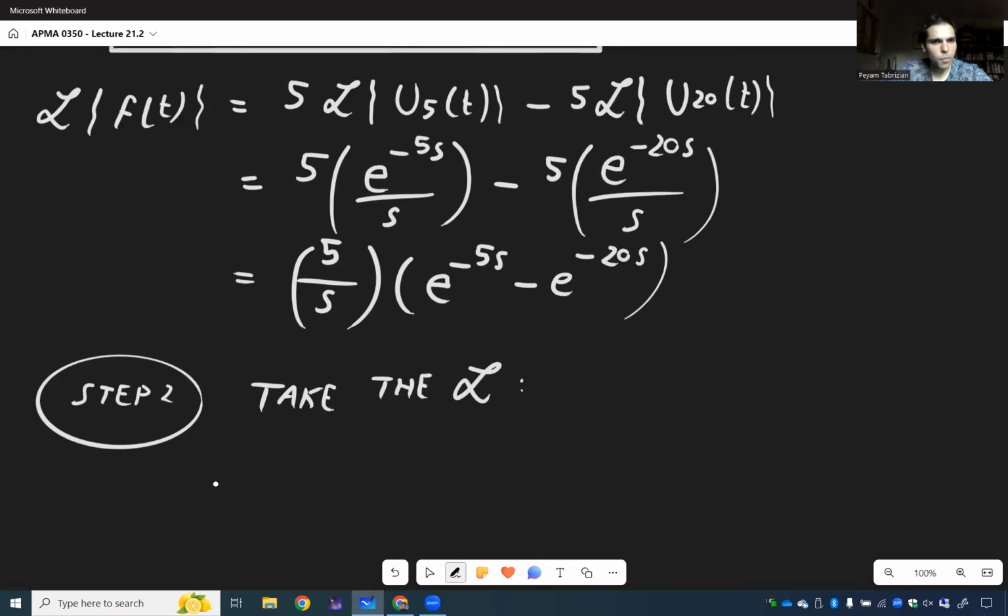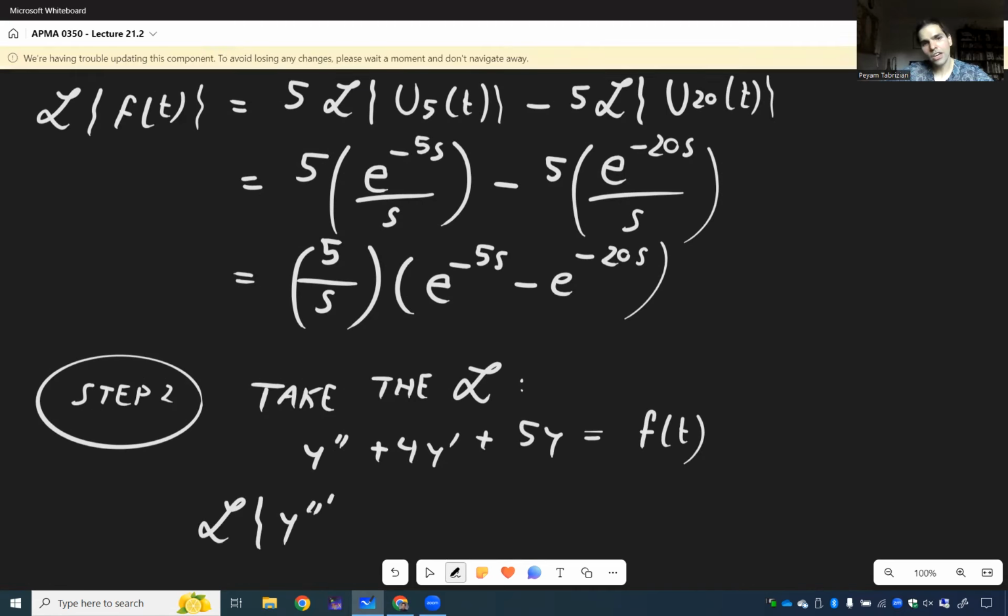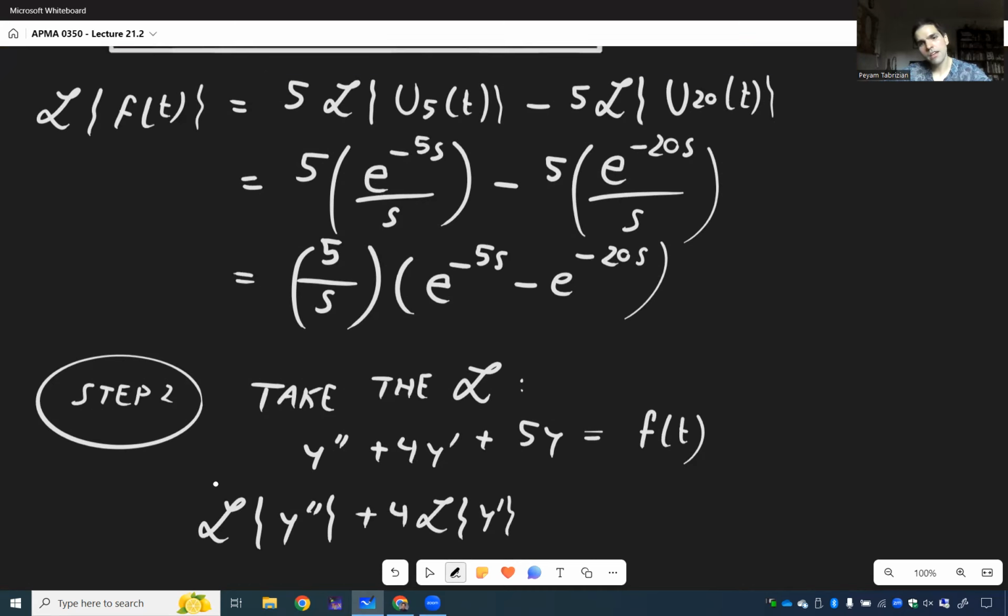It was y double prime plus 4y prime plus 5y equals f of t. So now L of y double prime plus 4 L of y prime plus 5 L of y equals L of f of t.